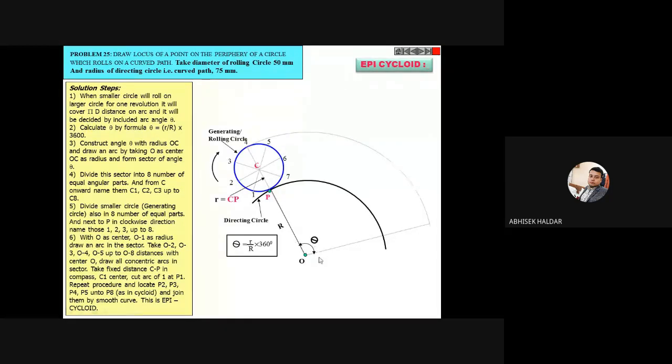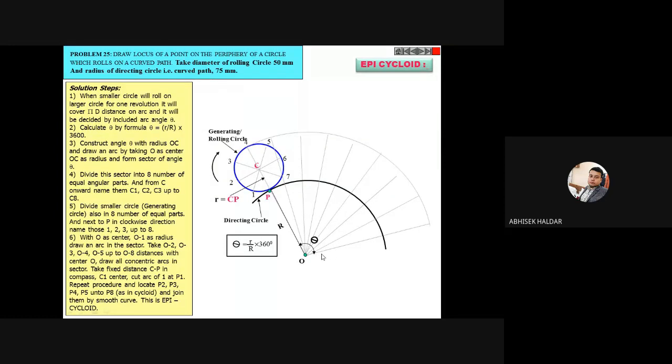So take this angle theta and close this up, like this, and whatever angle you have got, divide that angle into 8 equal parts. How to divide? Just go on bisecting.